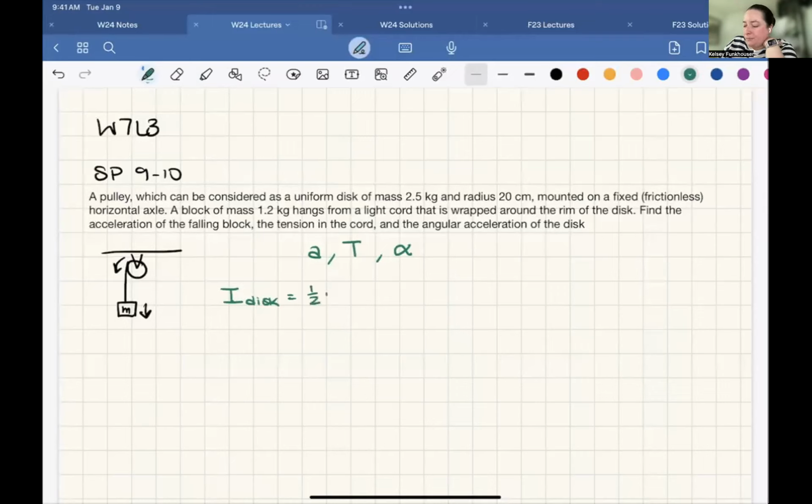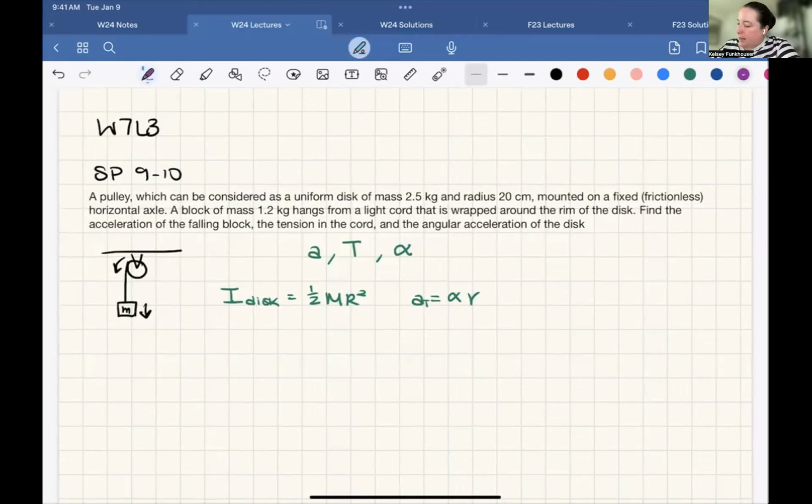So it's 1/2 mr squared. And one other thing I'm going to write down is the relationship between the acceleration, which in this case is the tangential acceleration, and the angular acceleration, which is just tangential acceleration equals angular acceleration times r.